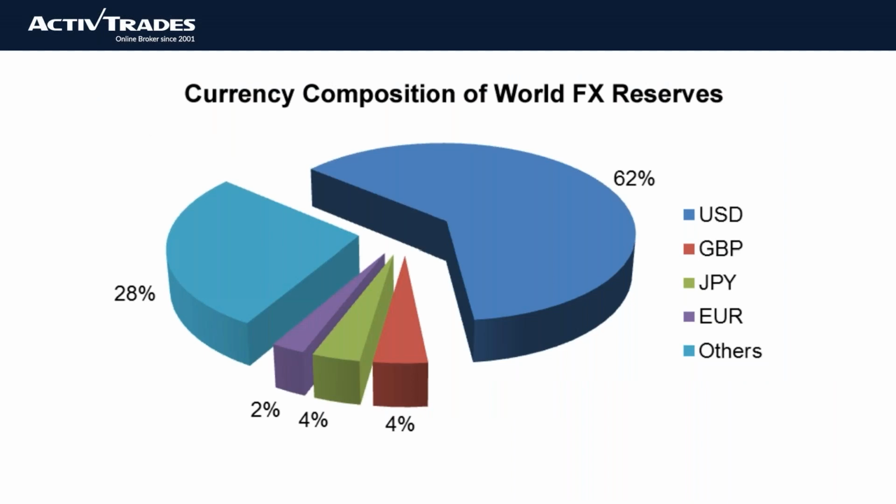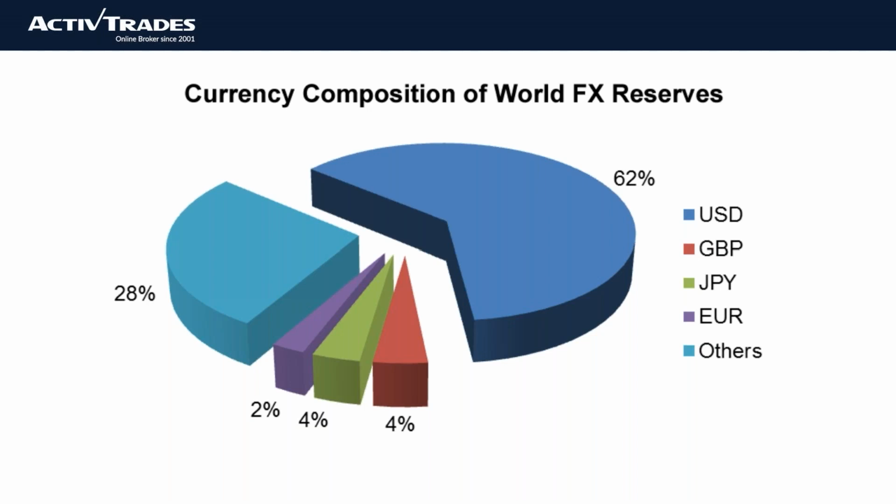Another element we mentioned earlier is that, because commodities are priced in US dollars, all nations need to keep an element of US dollars. Central banks need to keep hold of certain amounts of US dollars to help ensure that they can complete those international trades. If you look at the world FX reserves, once again these numbers can change a bit, but the theme and the trajectory is the same.